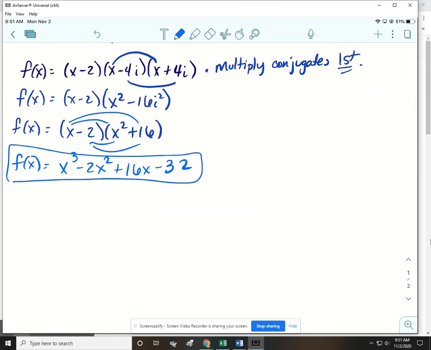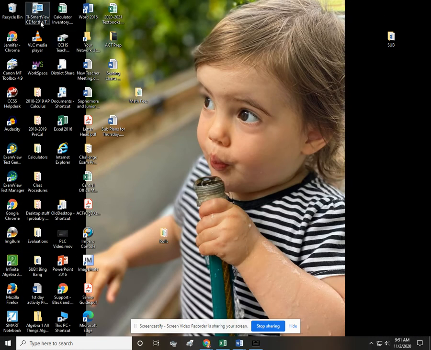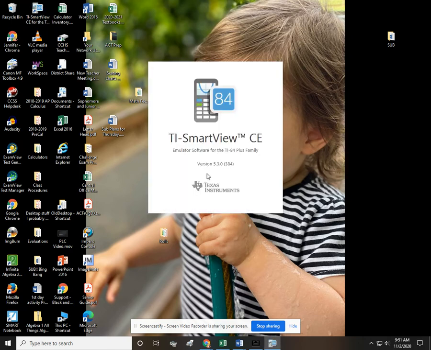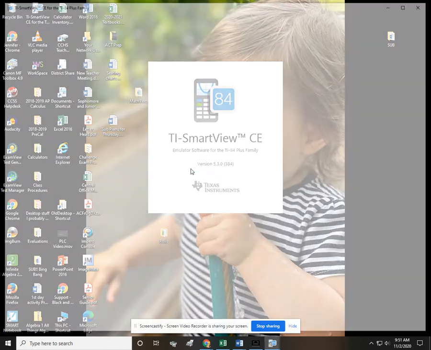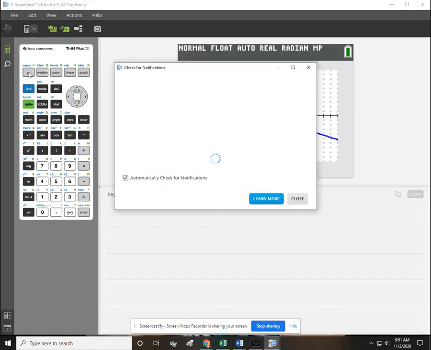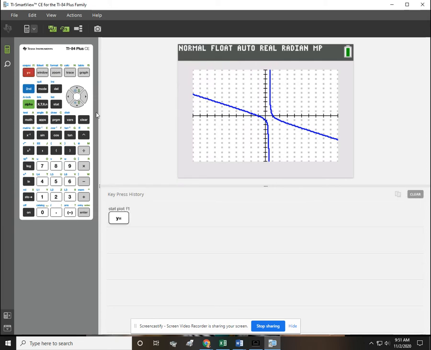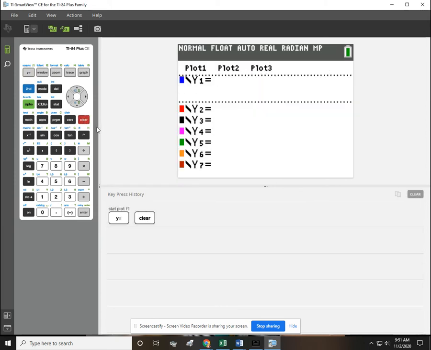Now, when we did this before, we would check it on the calculator, and that's a little bit of an issue because imaginary zeros don't show up on the calculator. The graph is only the graph of real numbers. It is not the graph of anything imaginary.